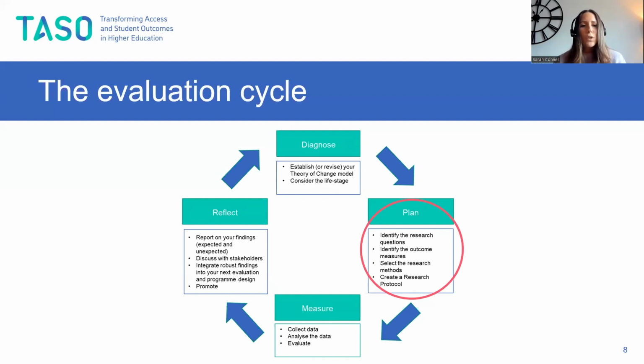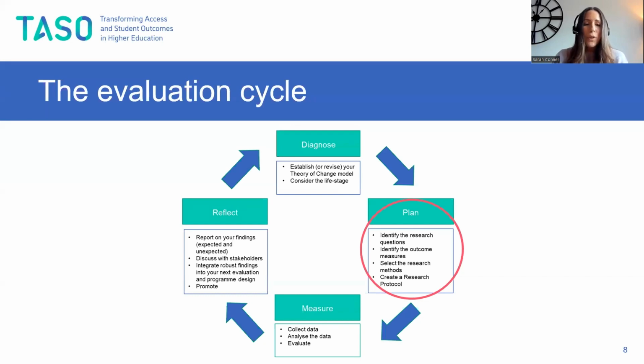We then moved on to the plan phase. And this was identifying research questions and identifying outcome measures that Nicolette covered last time. So we're going to remain in this plan phase to start today, which is selecting the research methods. And we are using evaluation methodology and research methods interchangeably here today.